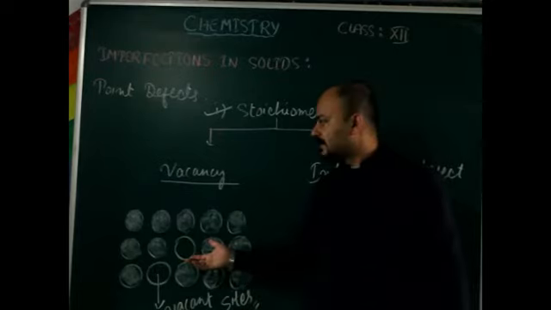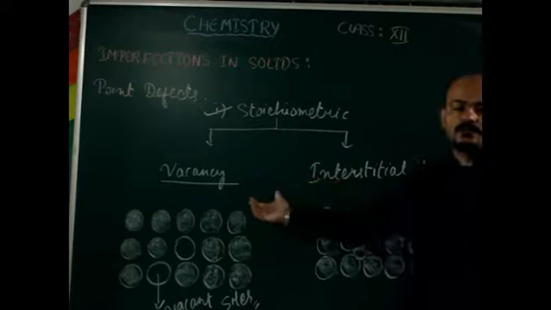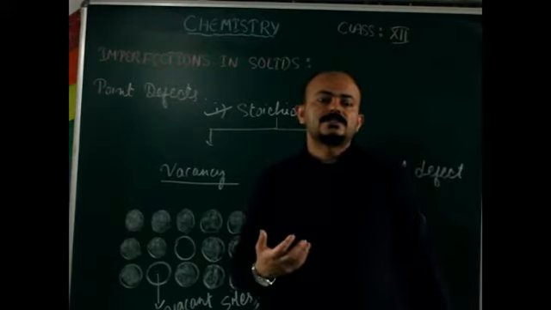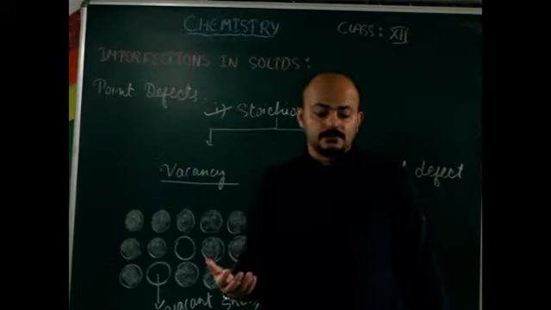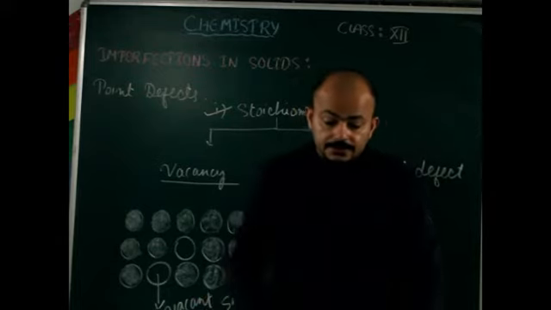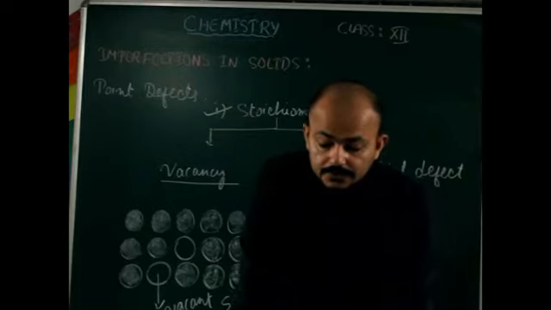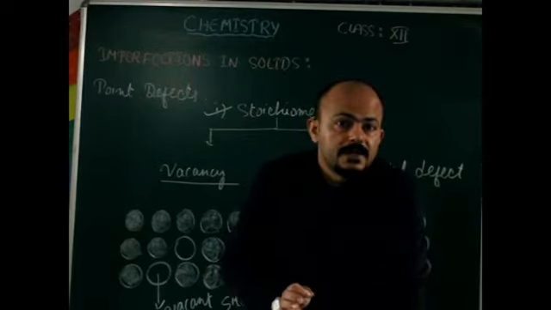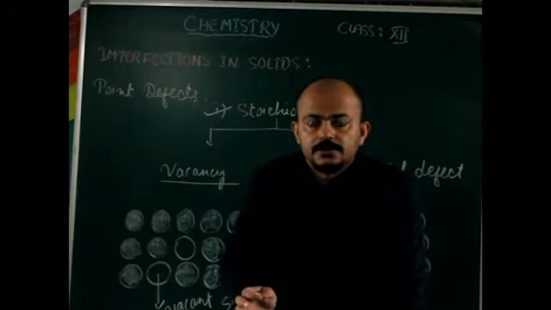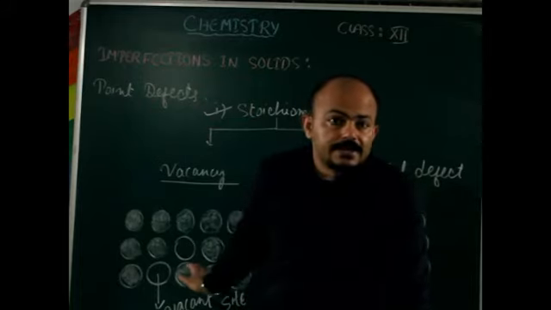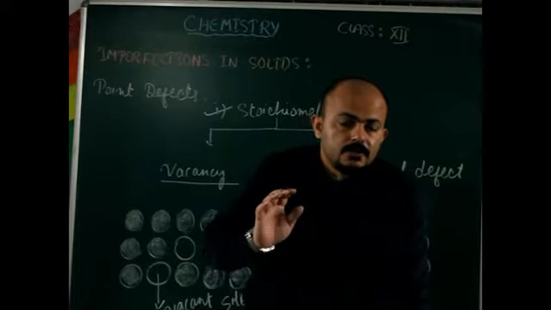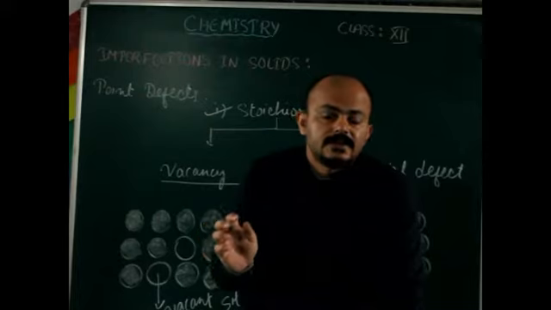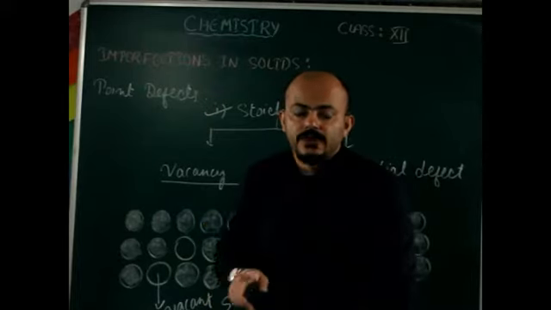Okay, keep that in mind. These two types of defects are shown by non-ionic crystal systems. Please remember that. Now, let's move on to the type of defect shown by ionic compounds. Whenever there is a defect in an ionic crystal, that will give rise to another type of defect. We are going to discuss that.